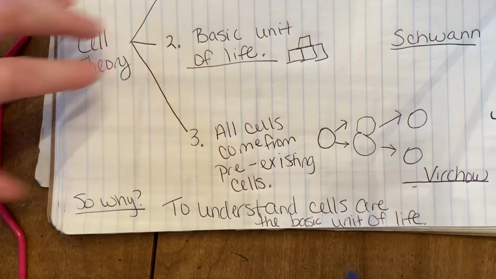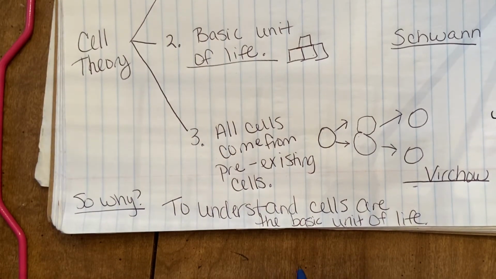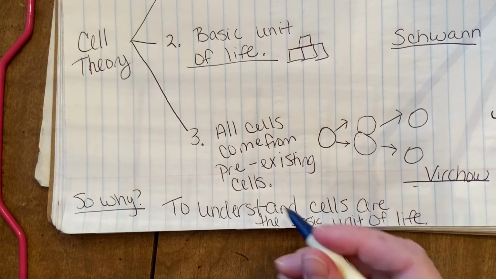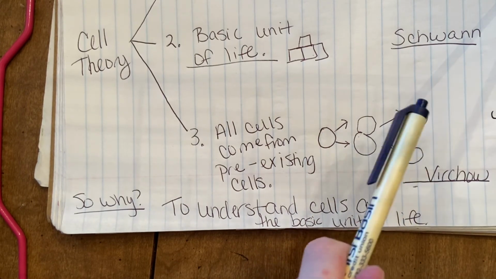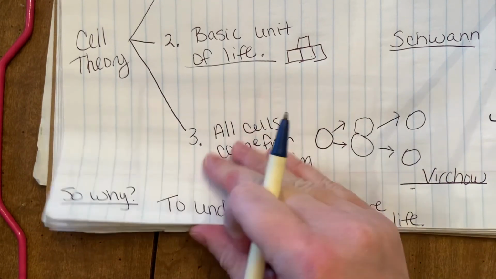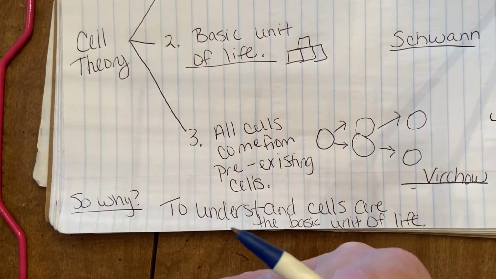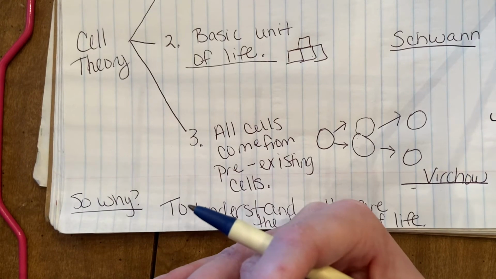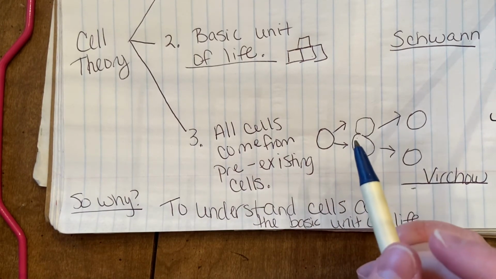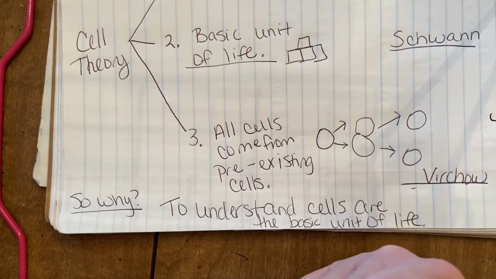Okay, remember that atoms are not alive, so they're not the basic unit of life, because this pen I'm writing with is made up of atoms too. Okay, this paper, even though it was once alive because it came from a tree, is made up of atoms. It is not made up of cells. Okay, so I'm going to finish this off.